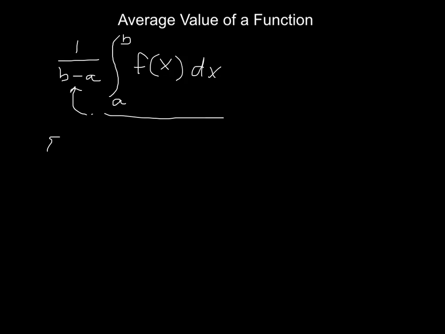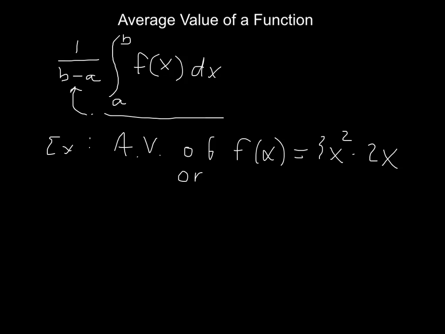So an example here, find the average value of f of x equals 3x squared minus 2x on the interval of 1 to 4. So what is the average y value going to be as we change on this function on this interval?